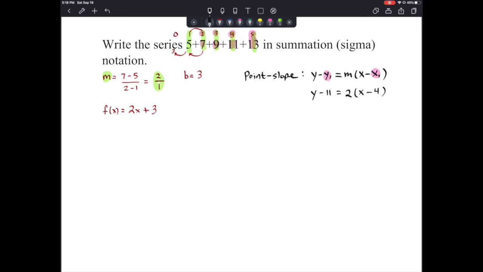If I want to figure out what the function rule is, it'll help me to just simplify. Let's go ahead here and distribute our 2 through. So we have 2x minus 8, and right now that equals y minus 11. Let's add the 11 across to get it into slope-intercept form, where the outputs are by themselves.